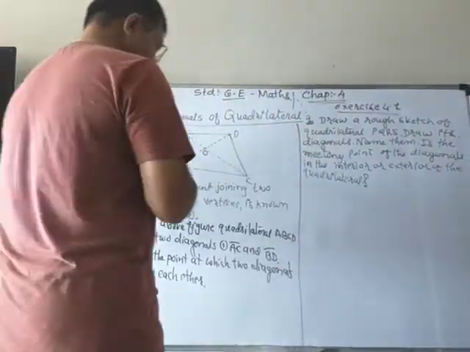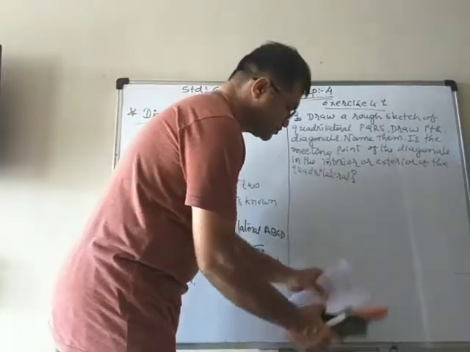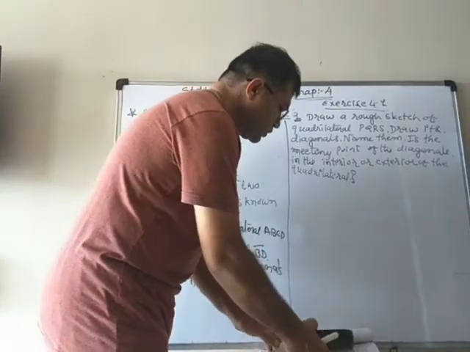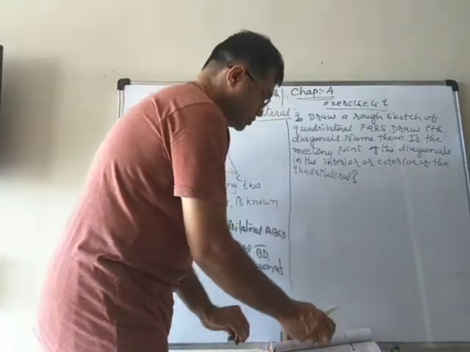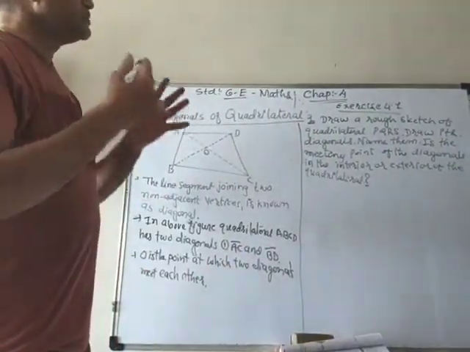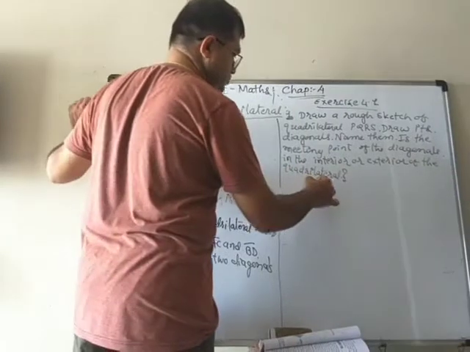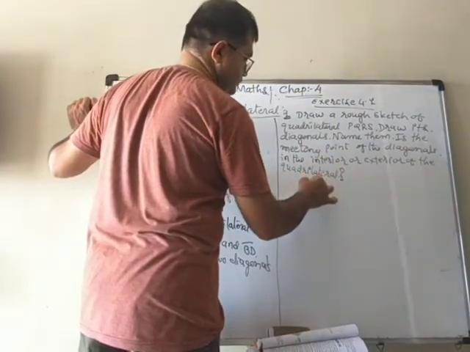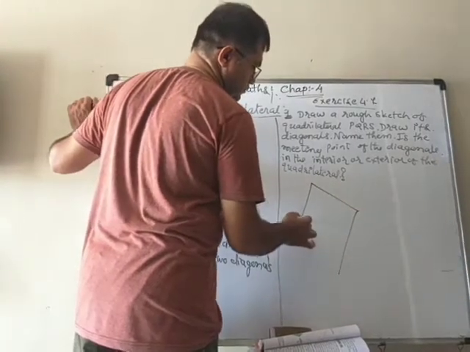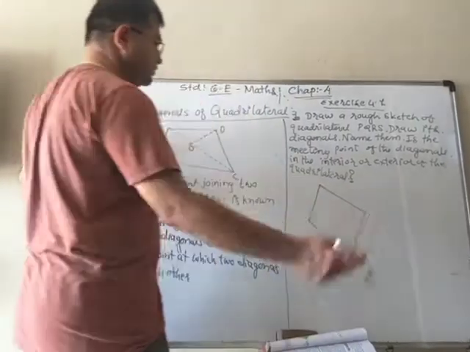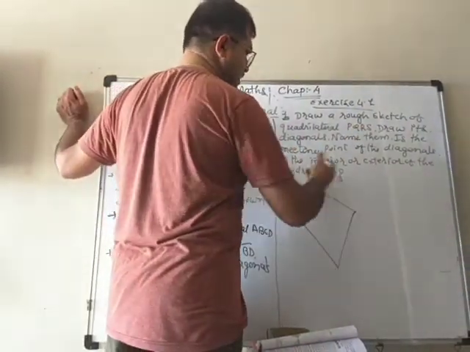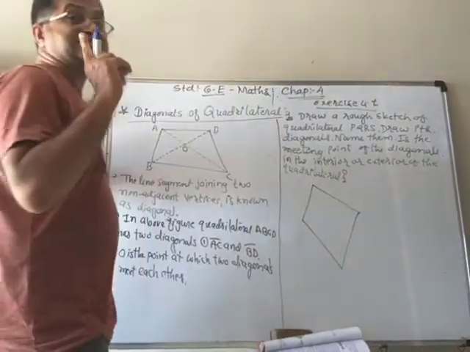So now we have to draw a rough sketch of quadrilateral PQRS. We can draw as we want, not specific. You can draw like this. Name it PQRS; we can start anywhere, but in cyclic order.